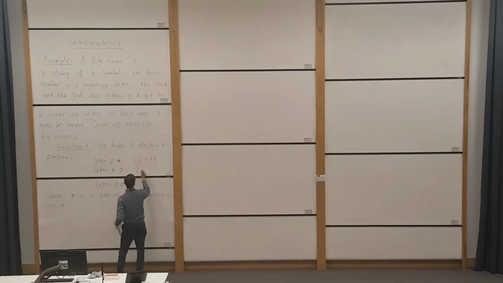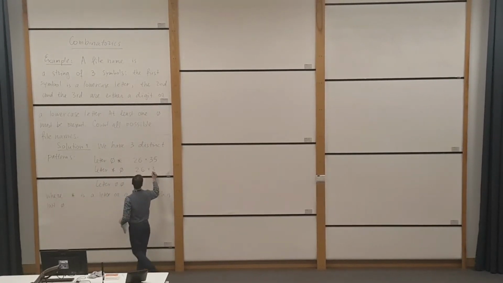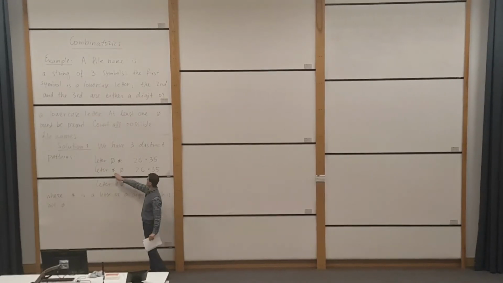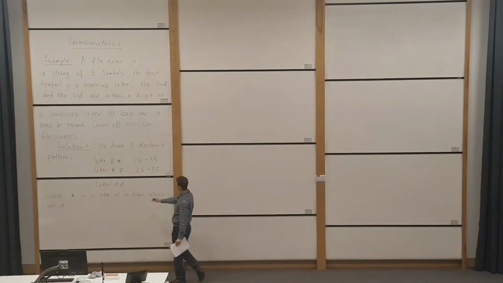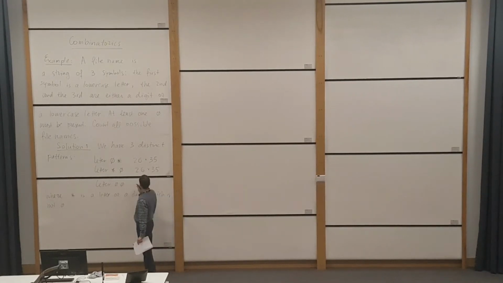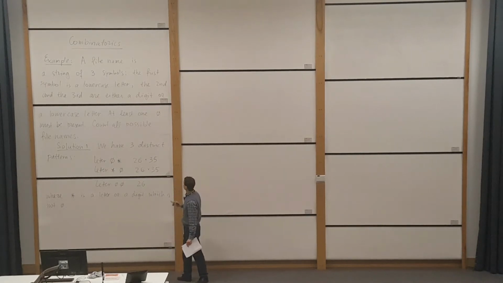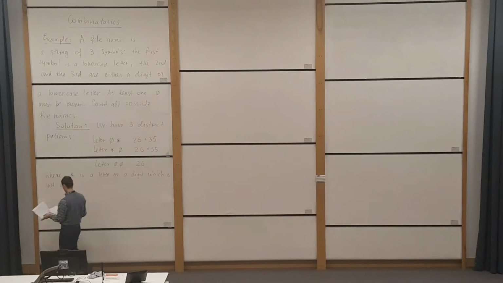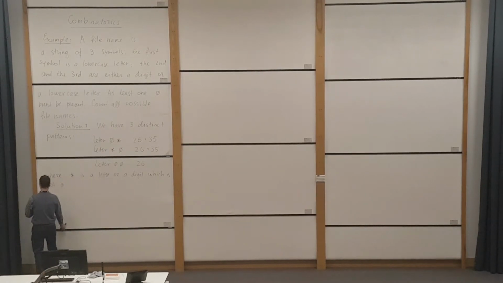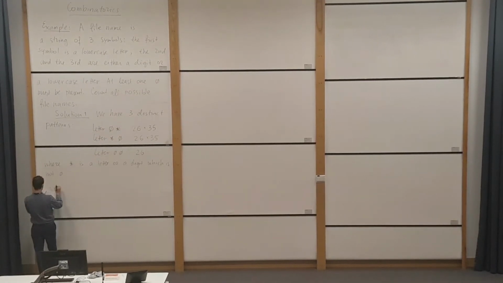Similarly, for the second type, we also have 26 times 35, right? 35 now refers to the second position choices. And finally, for the third type, there are 26 of them, which correspond to the choices of the first letter. And the final answer is adding them up.